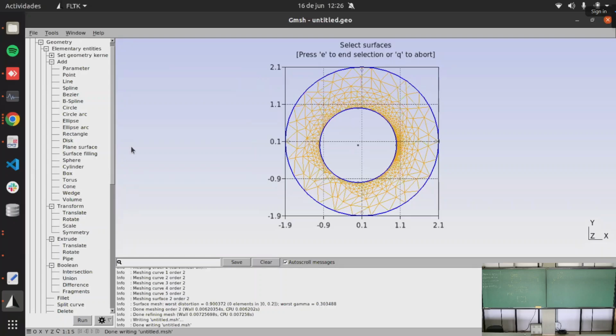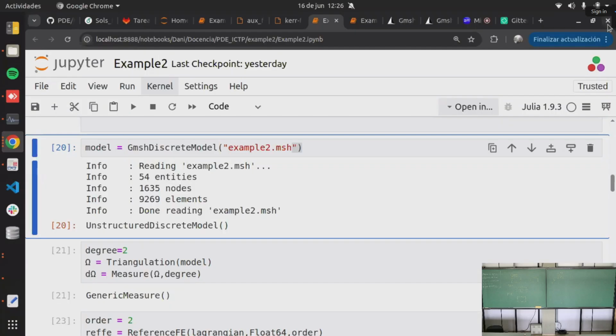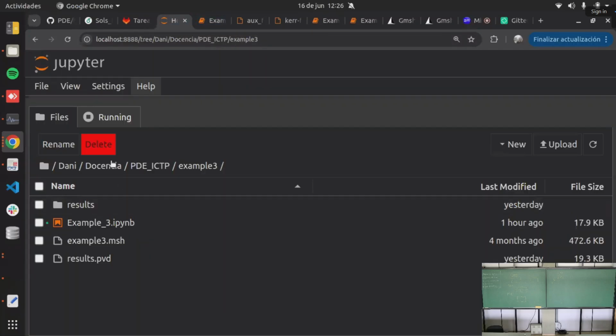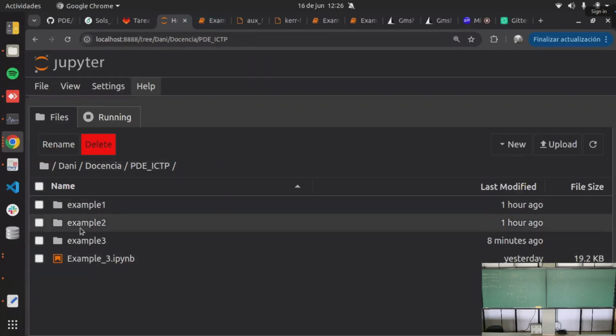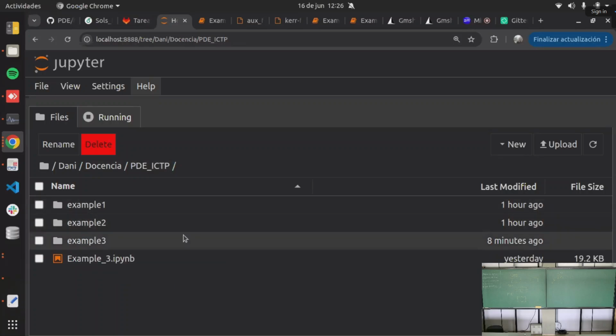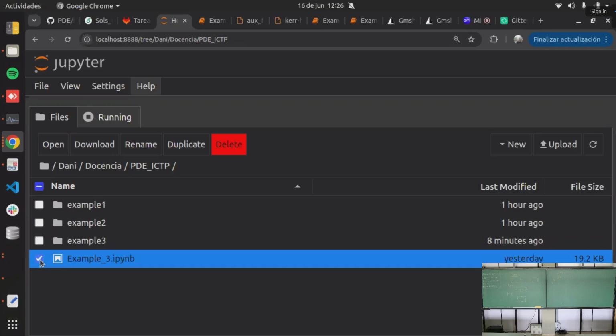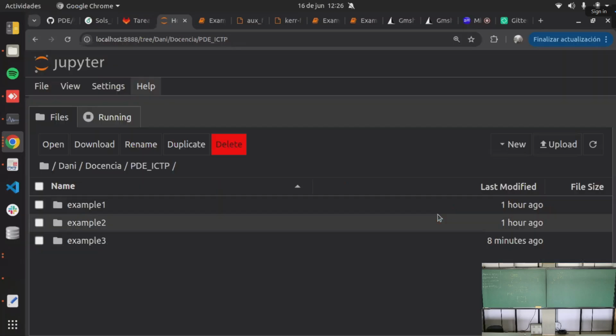Okay, thank you, Daniela. If you want, I will share the complete folder, the examples, and also the meshes, if you want to explore the point geo or something like that.